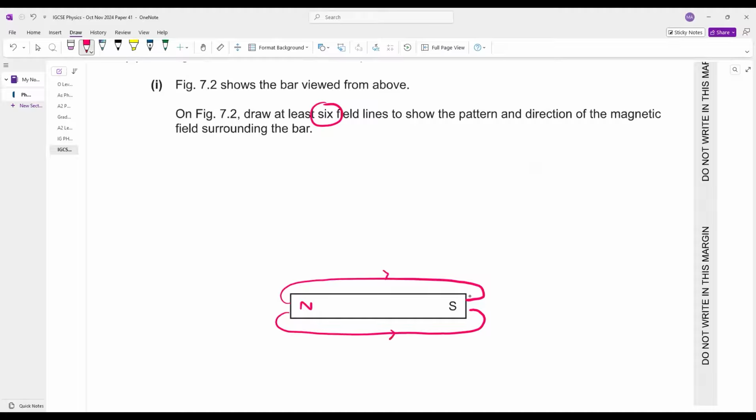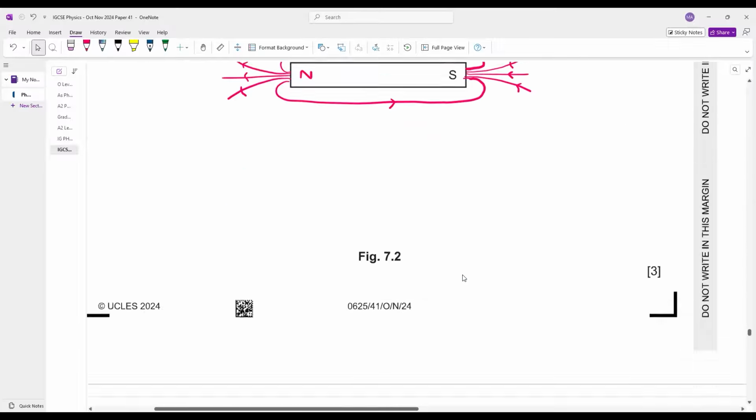Now you have to draw at least 6 field lines. You can make some field lines that are emitting from the north, curling like this. हमें 6 कहिए, हम 8 बना देते हैं. Let's be over efficient, because being over efficient in the examination never ever harms you. Yeah, this will be your pattern.